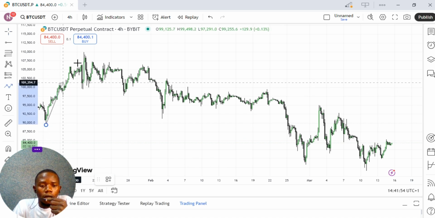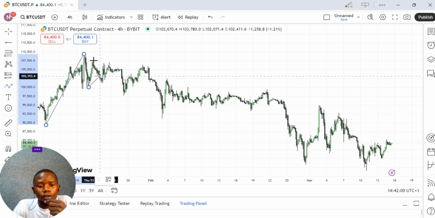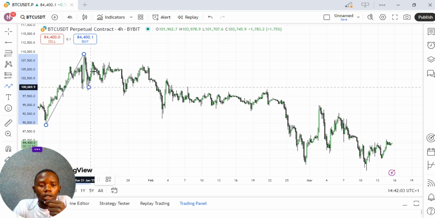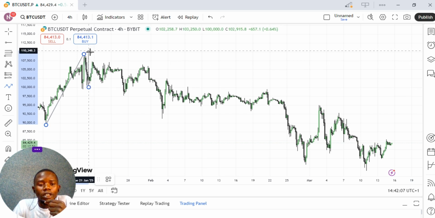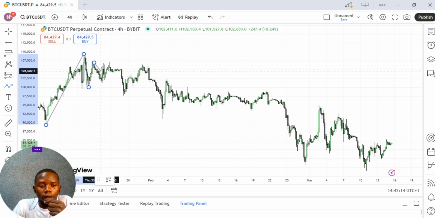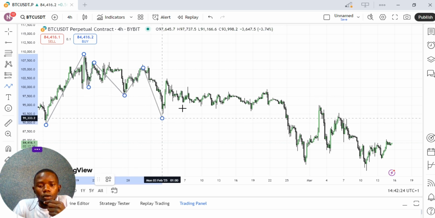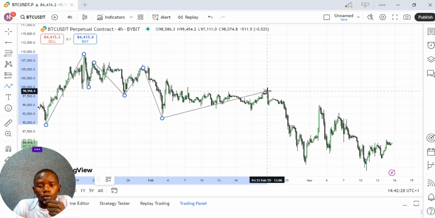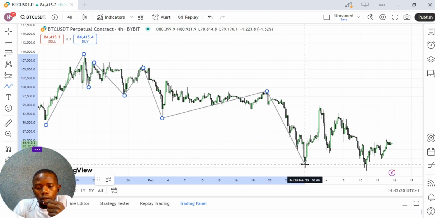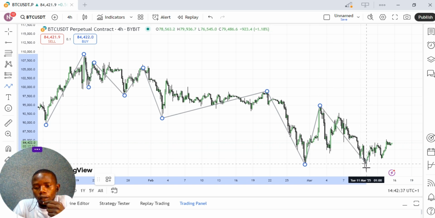Market created a higher high, then instead of a higher low, market failed to create a higher low, then market failed to break this high, which makes this place a lower high, a lower low, a lower high, a lower low, a lower high, a lower low, a lower high, then a lower low.